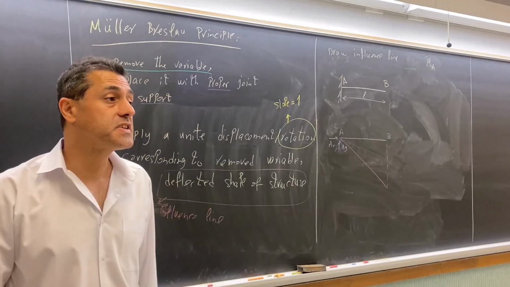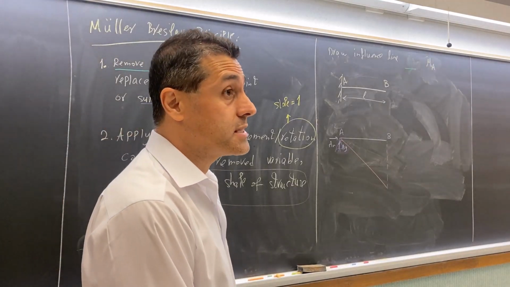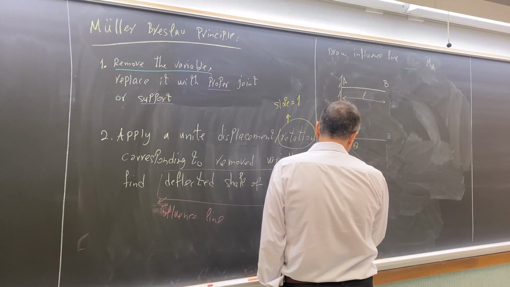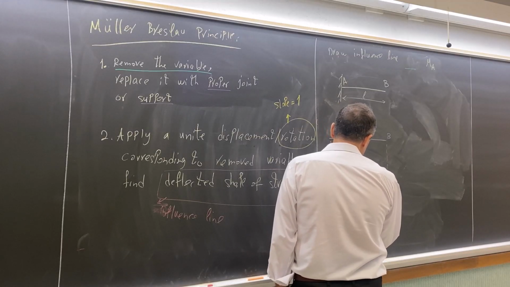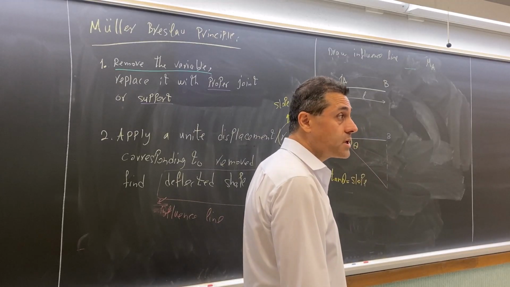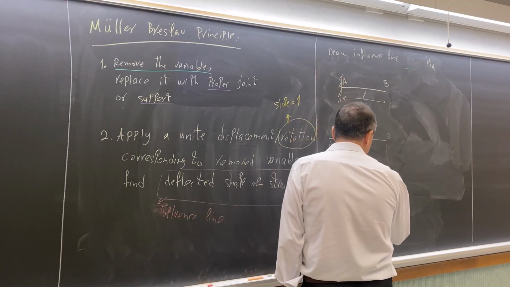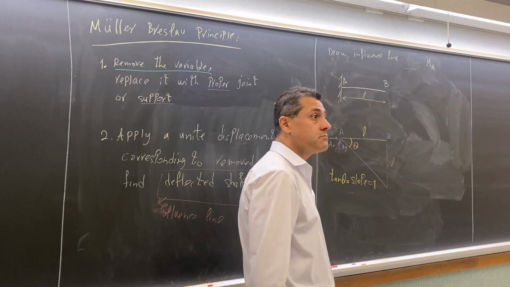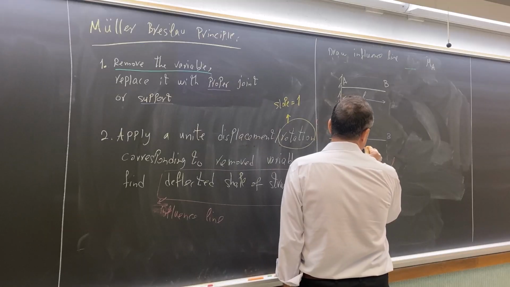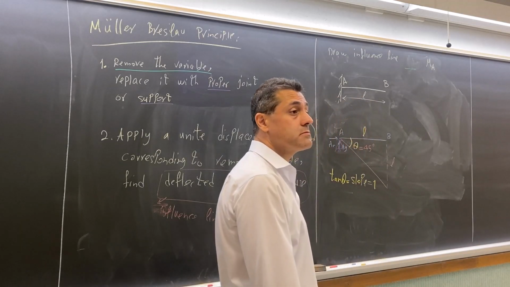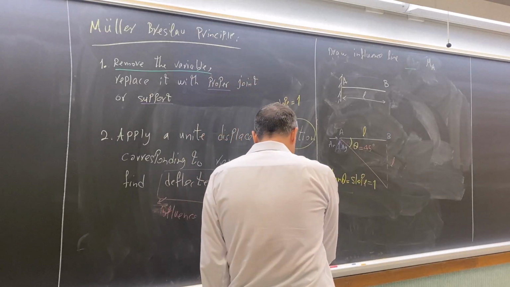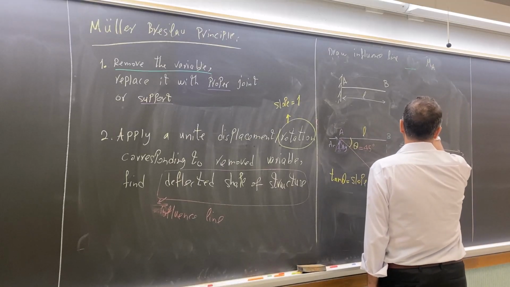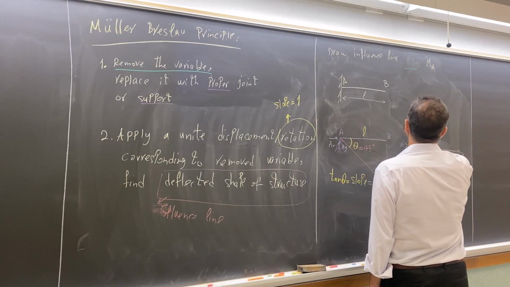This is one of the interpretations of the Müller-Breslau steps. If this is theta, tangent of theta is the slope, and it must be unit. So if this is L and this is L, theta is 45 degrees. Unit slope. And then you redraw it in the exam. You say this is X, this is the moment at point A.